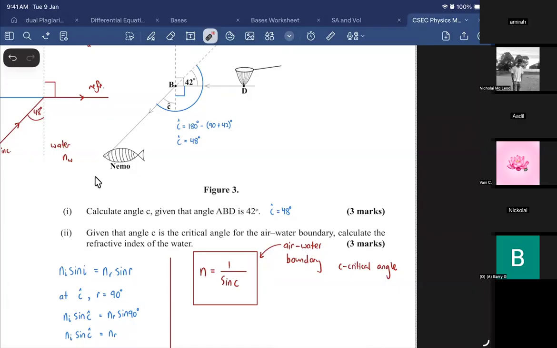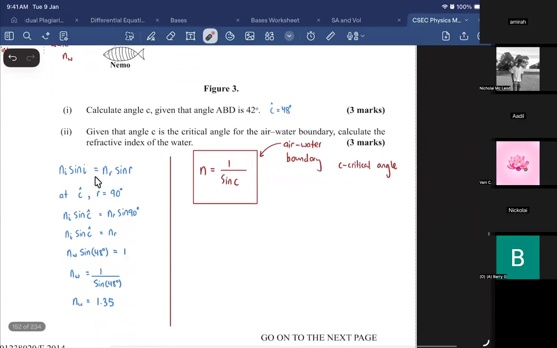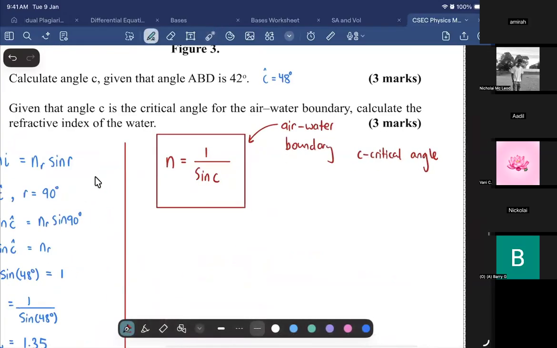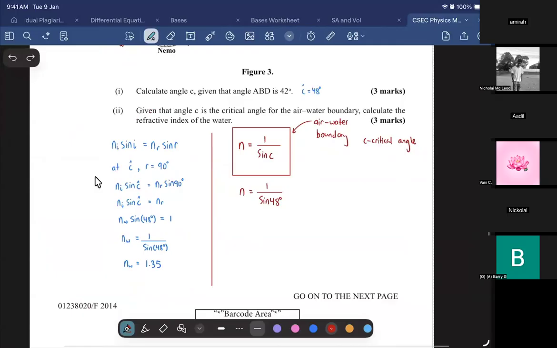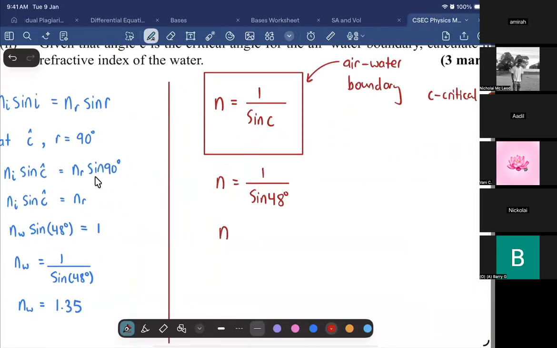What was the critical angle? 48 degrees. Right, so if you're using this formula, it'll just be n is equal to 1 over sine what? Sine 48. Yeah, and you get your answer without doing all of this. But remember this formula, the specific case. And you get 1.35.